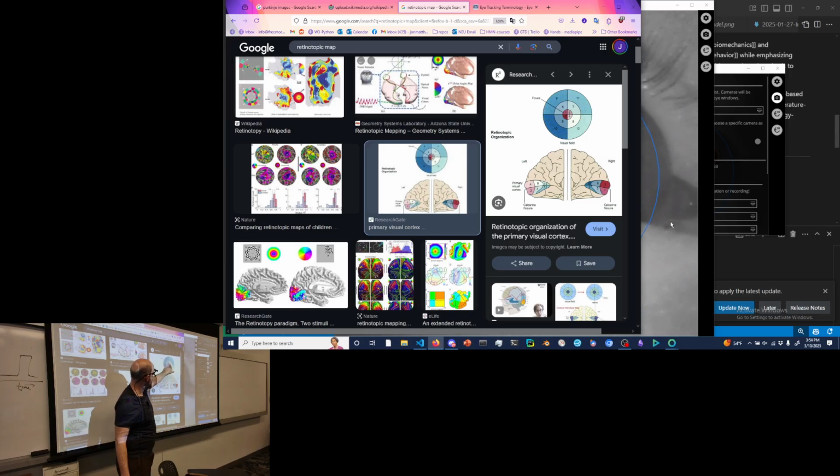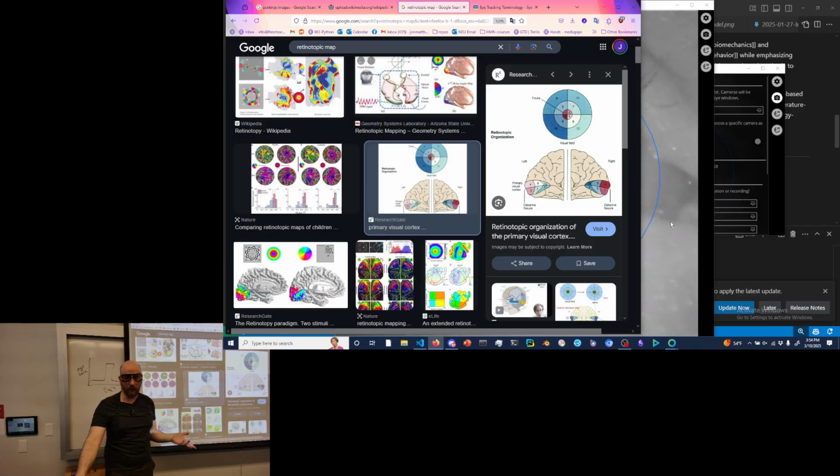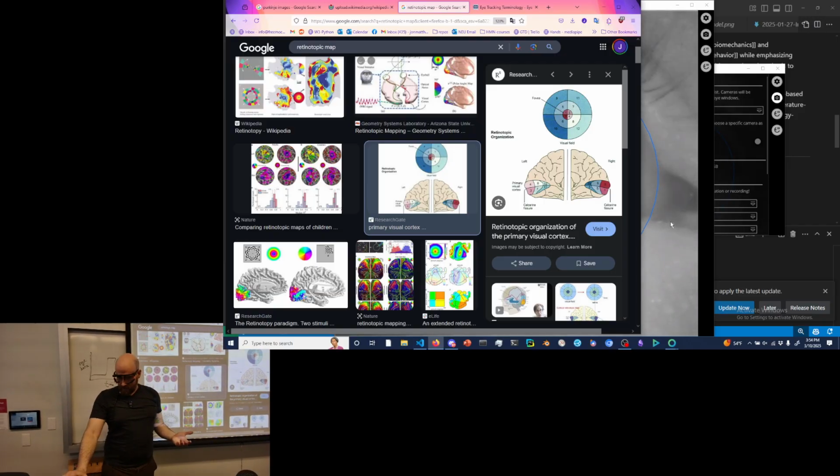But if you think about the center of your visual field, it's mapped here, and if you look into your visual cortex, it's arranged along that kind of map. So your visual cortex is defined by your eyeball, the center of your visual field. And your oculomotor system's job is to move that center around to the areas that have the most interesting, important, and relevant information to whatever task you may be performing at the time.